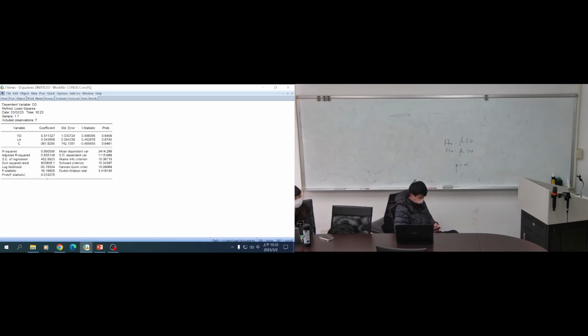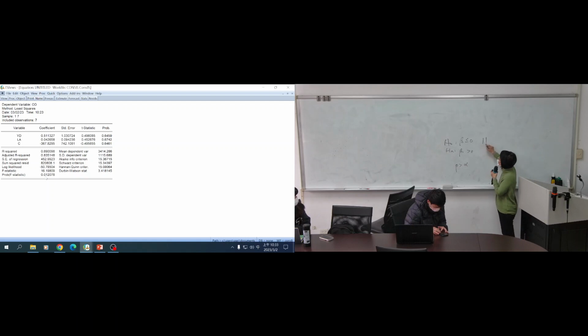This is the whole model; the other is for individual variables. For the whole model in this example, the null hypothesis is beta 1 equals beta 2 equals 0. The alternative hypothesis is that at least one beta j is not equal to 0, j equal to 1 and 2.